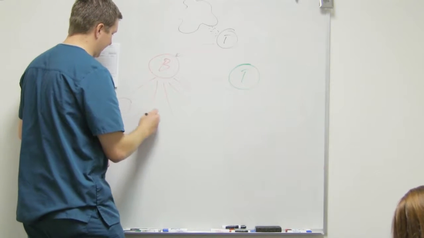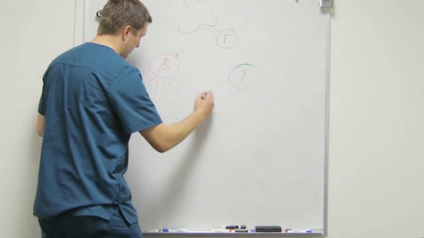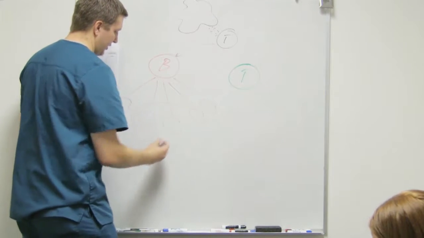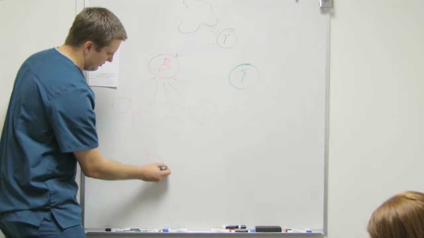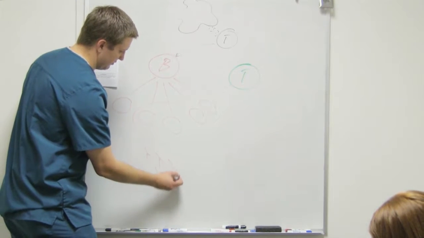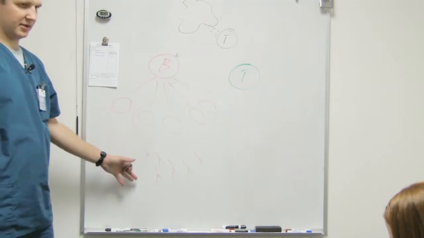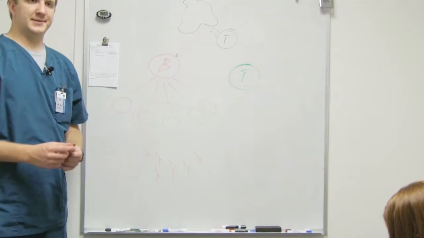So we get a lot more B cells. And most of the B cells are just going to start making antibodies. You get the idea, okay? And those antibodies are going to go out and attack the bacteria.